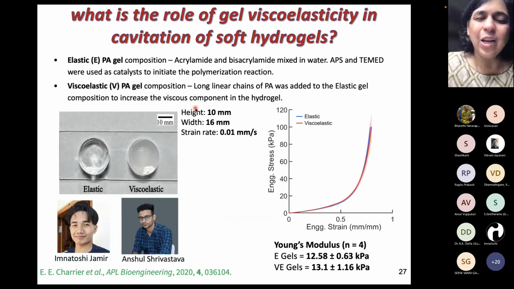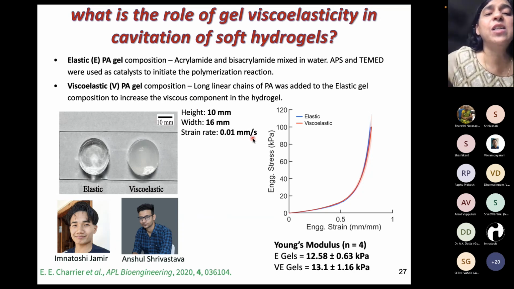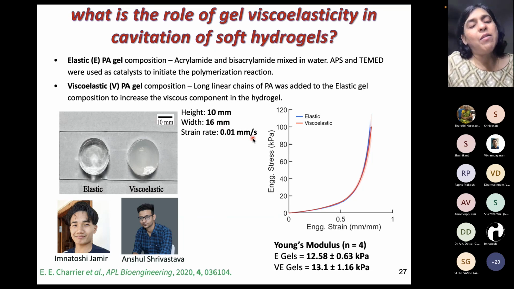So I will now tell you a little bit about where we have taken this study. Now Anshul has teamed up with Imnutoshi Jamir, who is an MTech student. And we essentially sought to answer the question of how we can control gels to have a similar modulus, so that we get more or less the same contributions to how we can feel the softness.